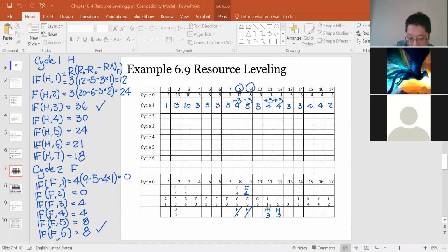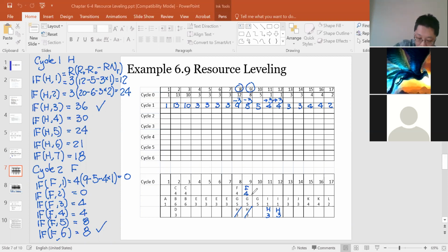Backward. We select the largest late finish, which is H, and then the next largest late finish. That means we move backward. We select H first, F, and then C and D. So basically, we shift the right-hand side activity first. That's called the backward path.